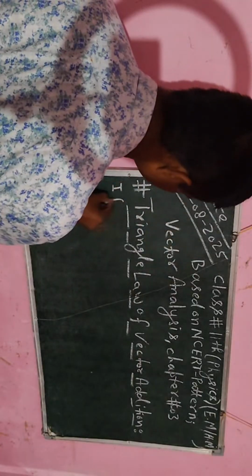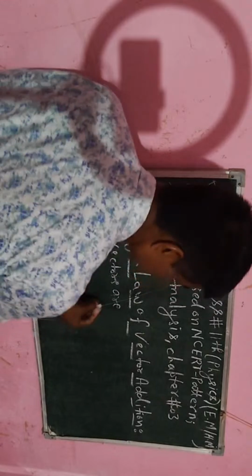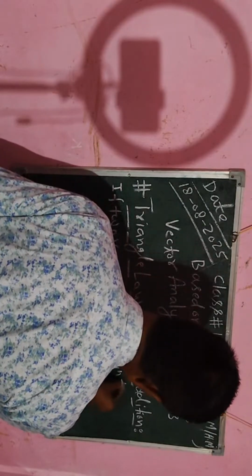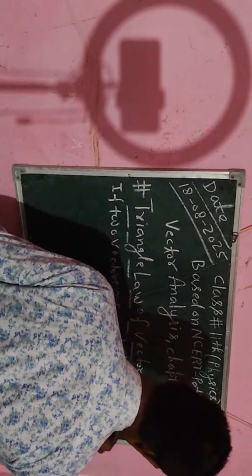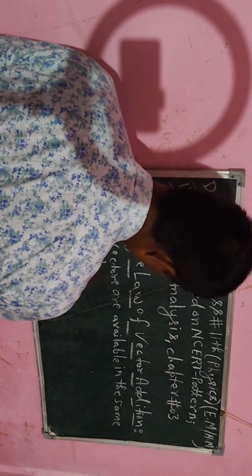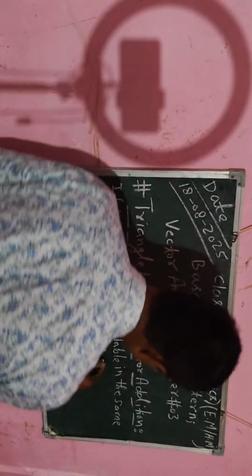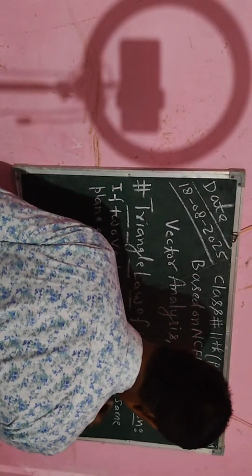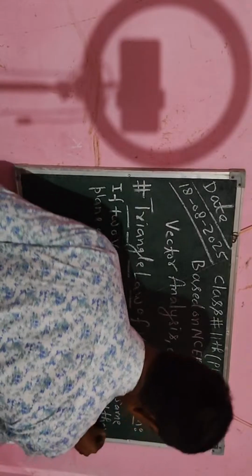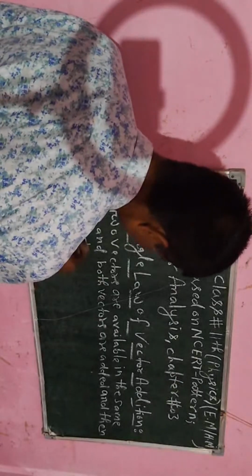Here I am going to write: if two vectors are available in the same plane, and both vectors are added, and then we get the resultant vector.